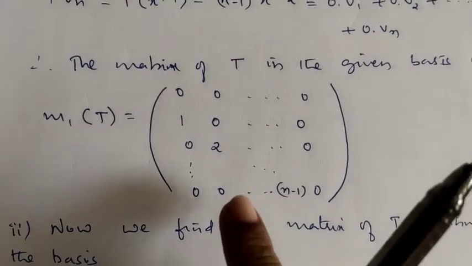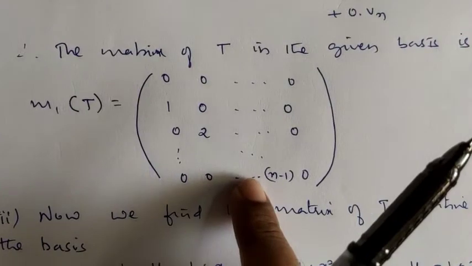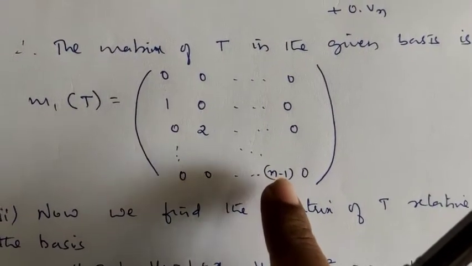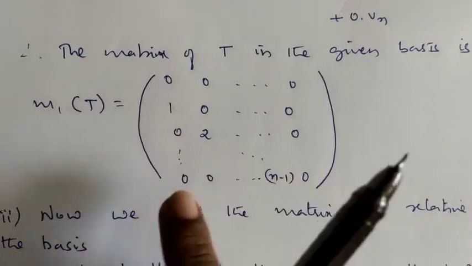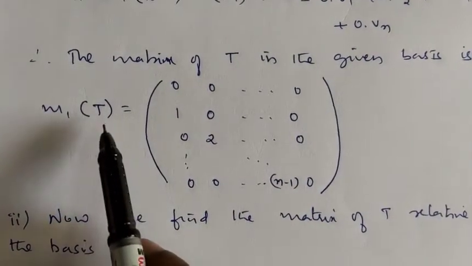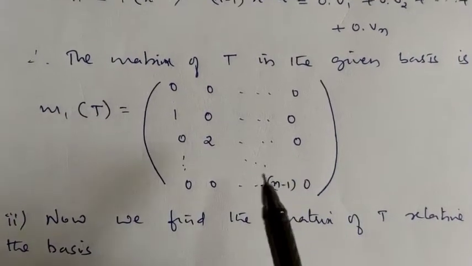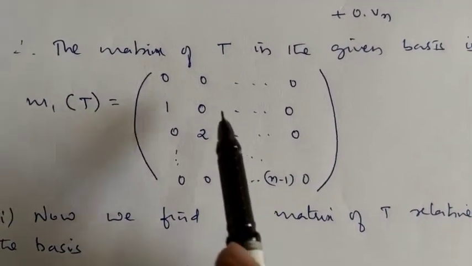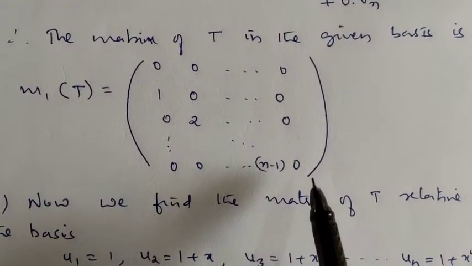But if you know the corresponding matrix, then you know how to find the inverse of a matrix. If the inverse of the matrix exists, then we say that the transformation T also has an inverse. Any property of a transformation can be verified through the matrix.